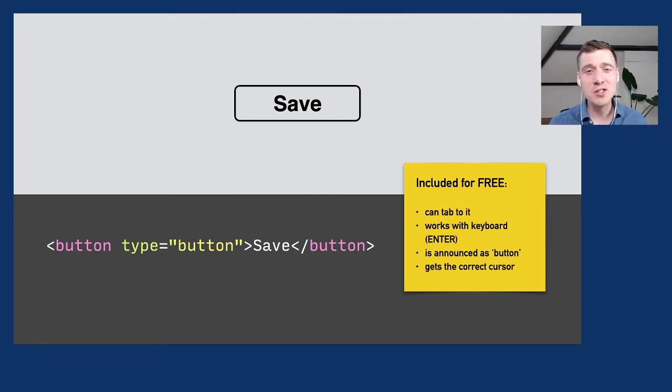So all of that is built in for free. You can do all of that with a div, but it's much easier to use a button because that has all that stuff built in to it. And styling a button with CSS isn't as hard as it used to be, and not as hard as they say. There's a couple of CSS declarations that you'll need to apply, but generally it is quite easy to style a button element however you like it.